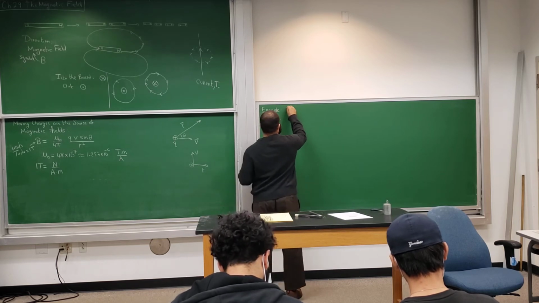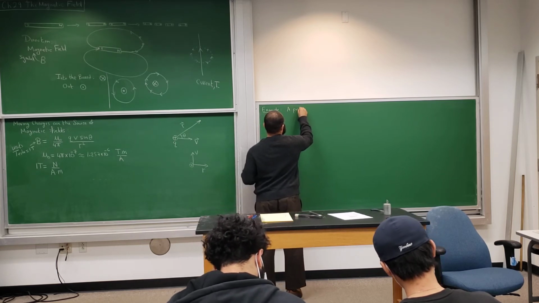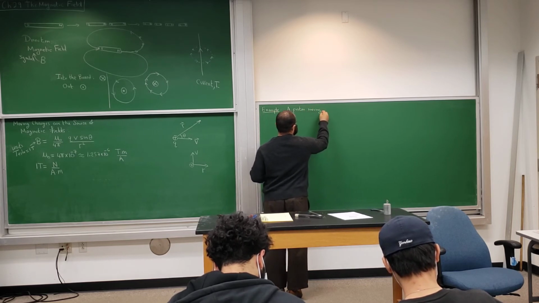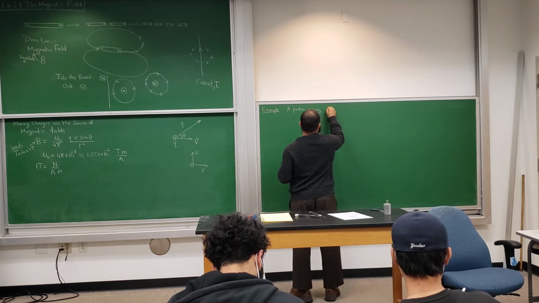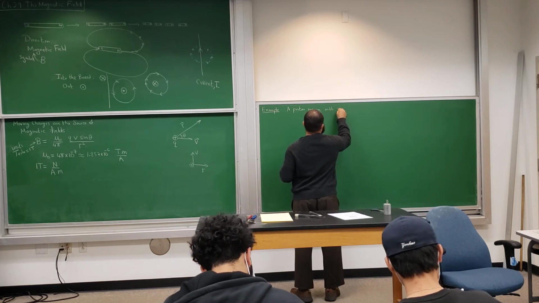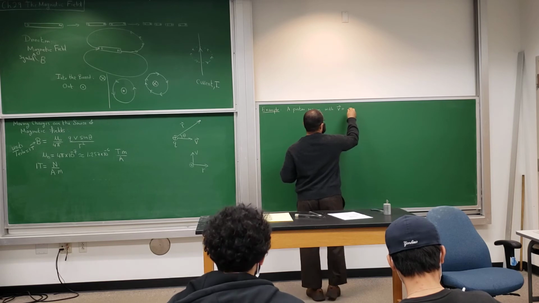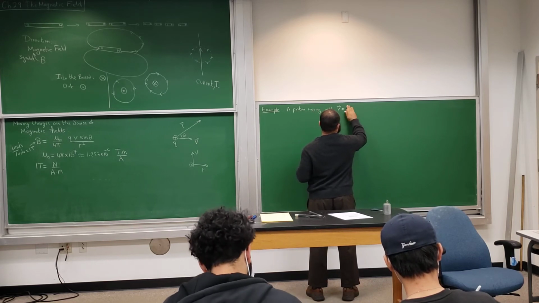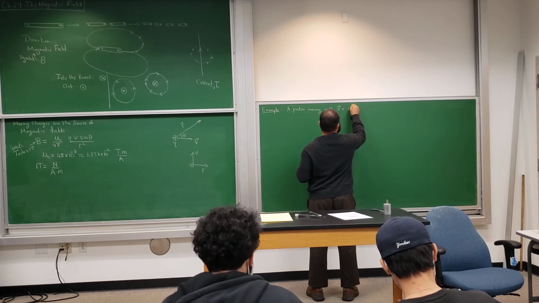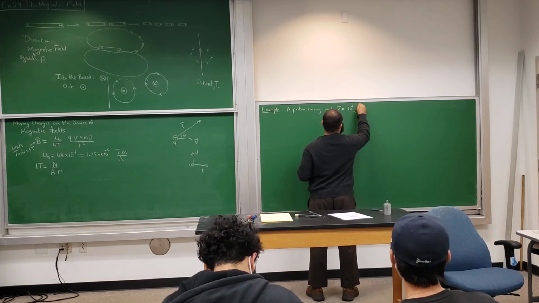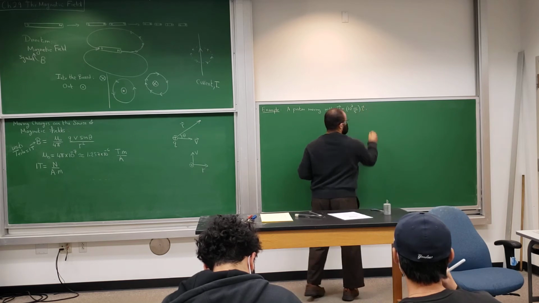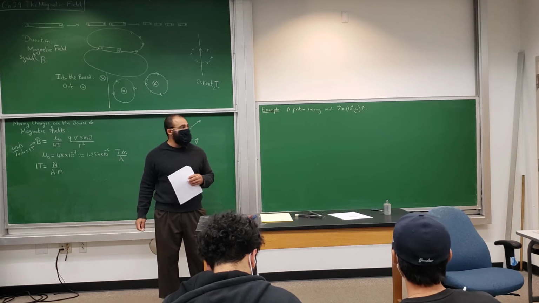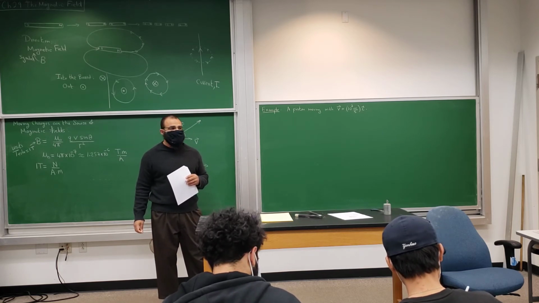So a proton moving with a velocity v equal to 10 to the 7 meters per second, in the x direction. So it's moving very fast.